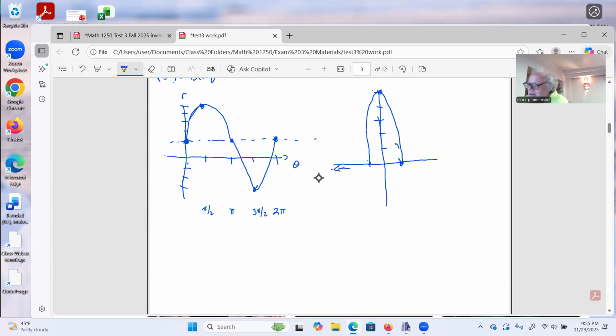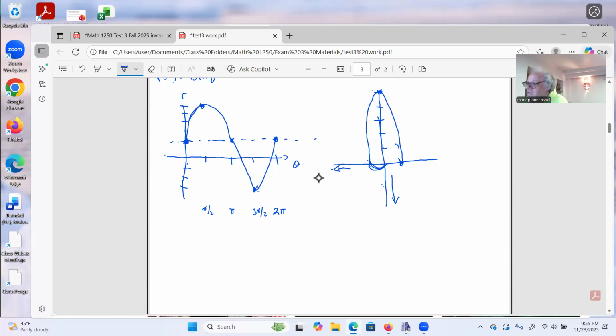Now, between pi and 3 pi over 2, we are actually going to cross over and hit the underside of this thing. So somewhere in here, we're going to get our underside of this. Now, at 3 pi over 2, I'm looking straight down like this, but we are -3 units away straight down.